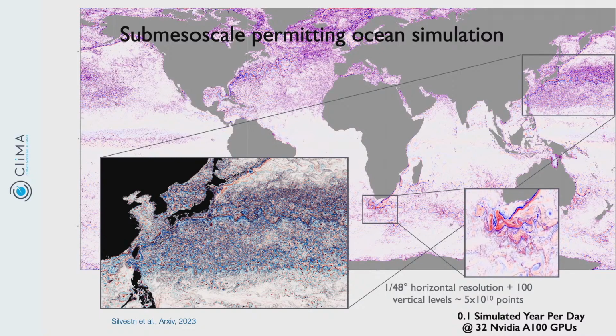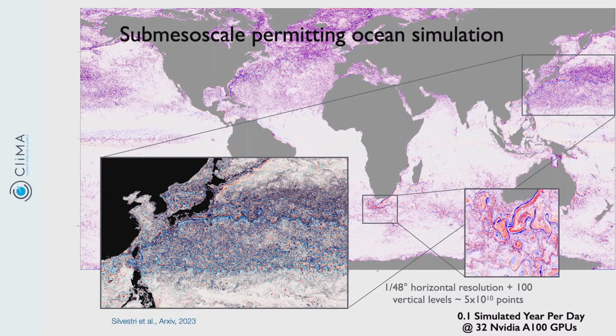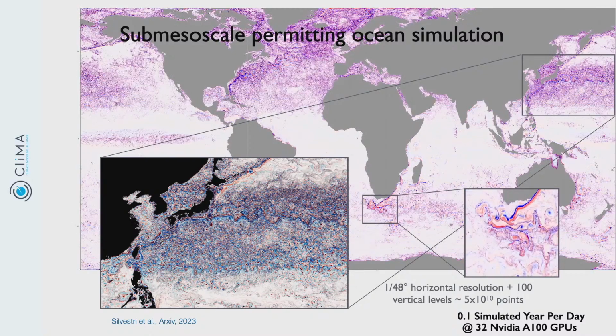Comparing it with the 70,000 CPU cores that were used in the LC4020, that means that one GPU is equivalent to about 2,000 to 4,000 CPU cores, which really shows the power of using GPUs for CFD computing.